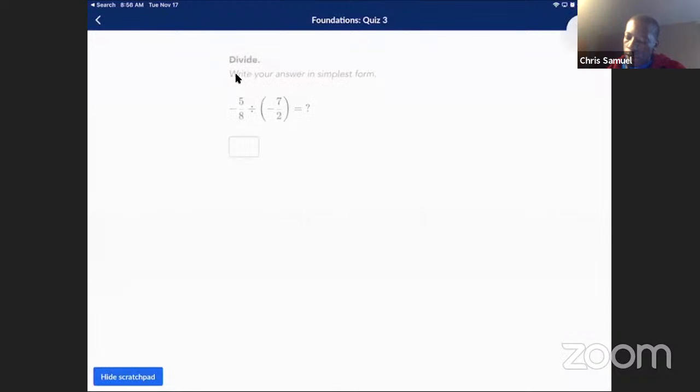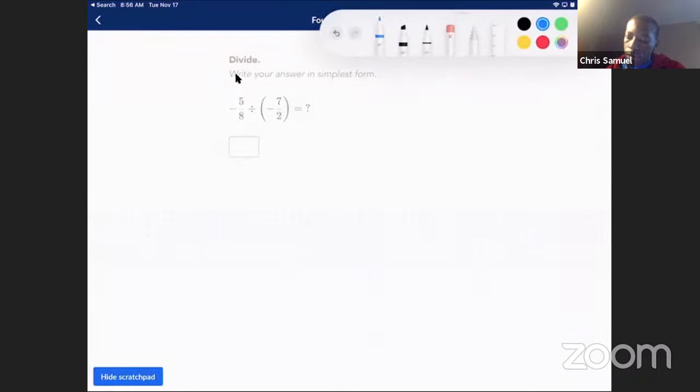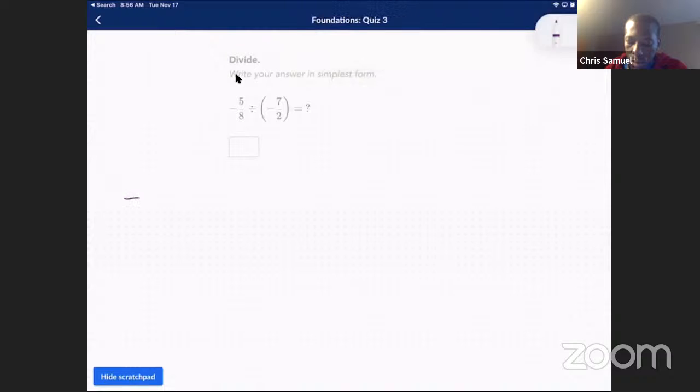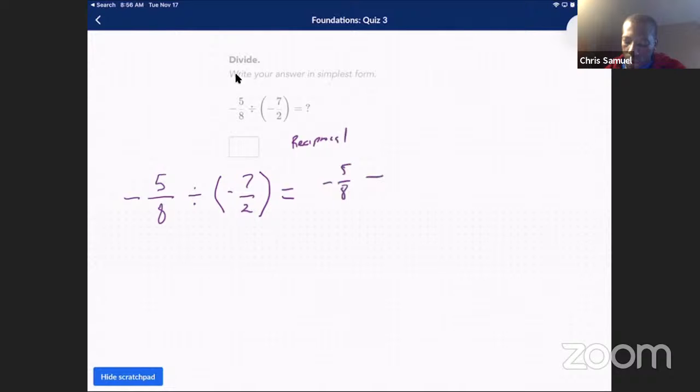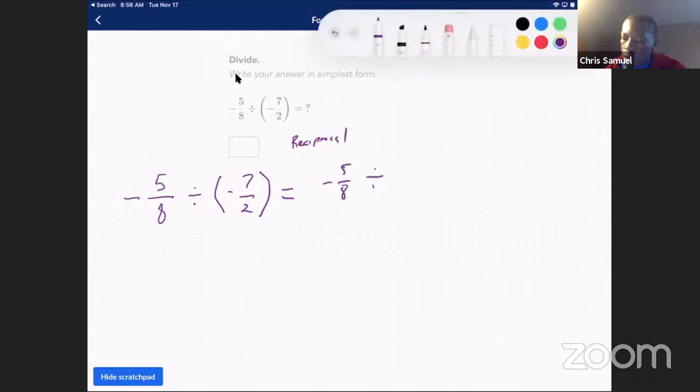Okay. We do this. This is basically where first we go to the reciprocal, which becomes multiplication.